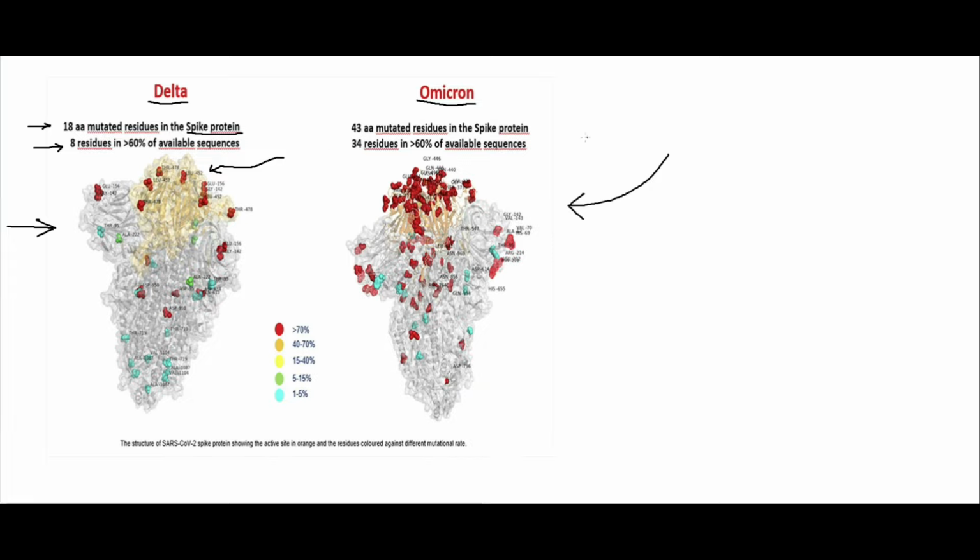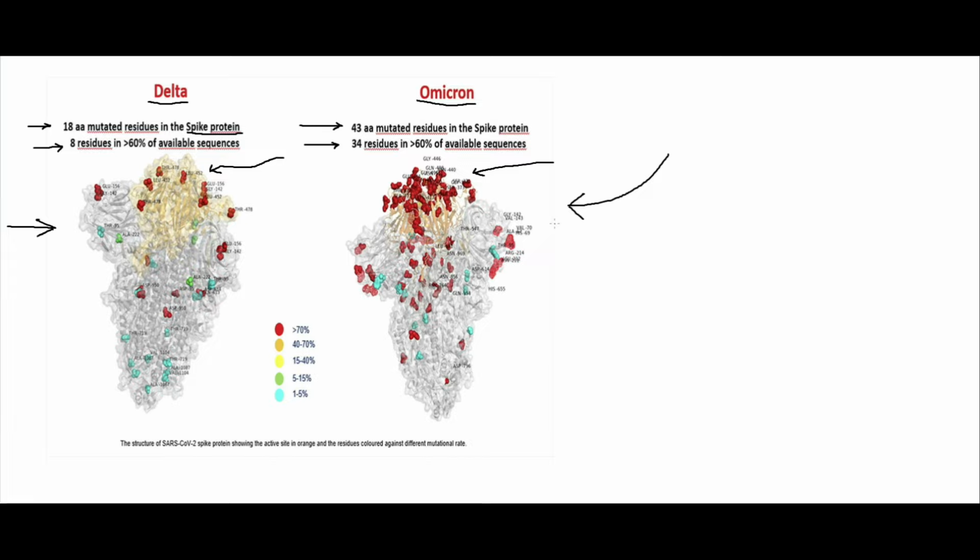And we see here in the Omicron, we now have 43 amino acid mutated residues in the spike protein, and 34 are in greater than 60% of available sequences. We see a bunch of them clustered in the receptor binding domain, which makes this a very different spike protein.